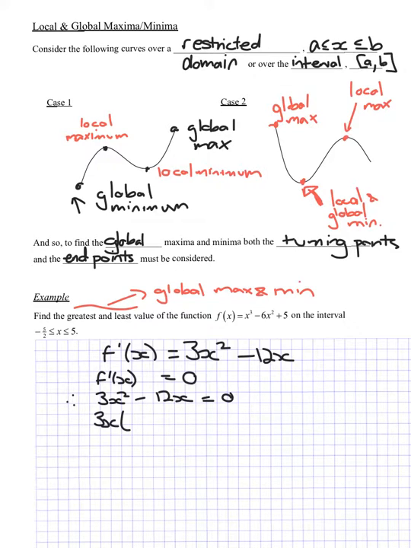If I factorize that, anyone? x minus 4. Very good. Equals 0. So what does x equal? x equals 4 or 0. Very good, because 3x could equal 0, couldn't it? And if 3x equals 0, x is also equal to 0.